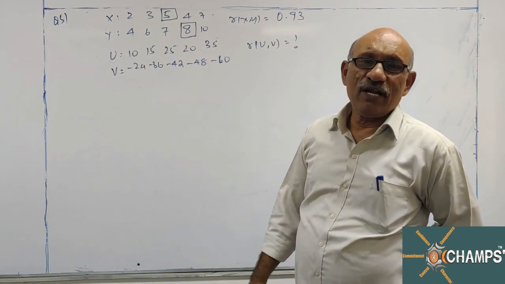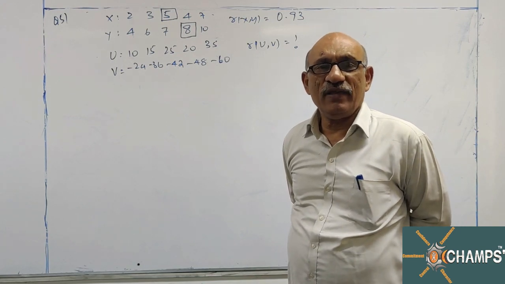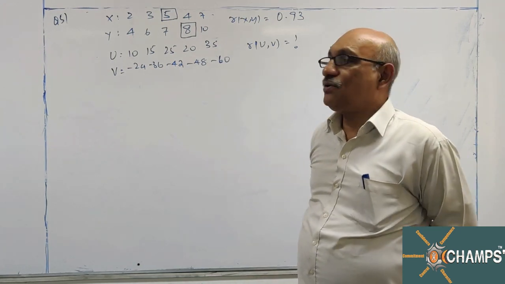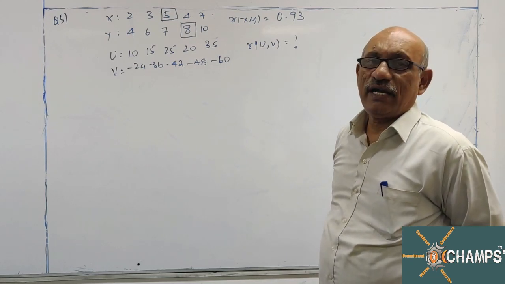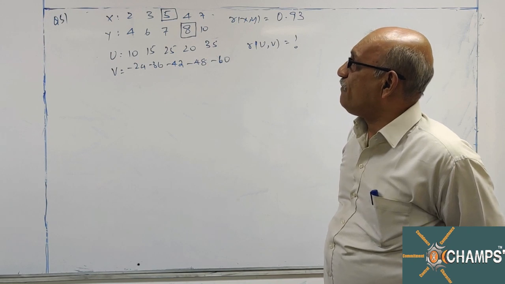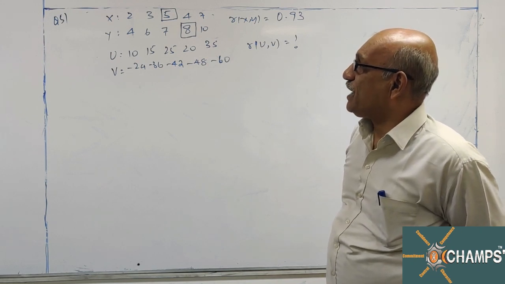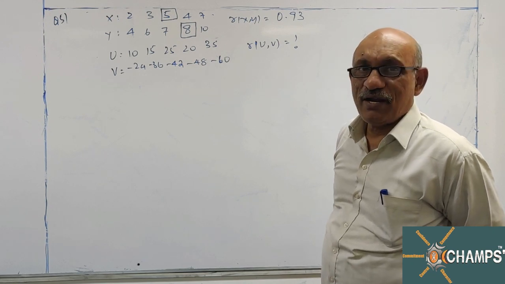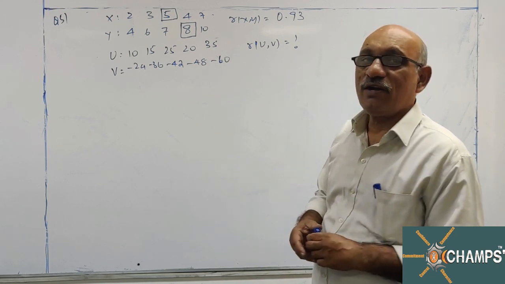Now you have to identify how the values of u and v are obtained. If it is clear how the values of u and v are written, this question is as simple as anything. Look at this, sir. When each value of x is multiplied with 5, that is one way.